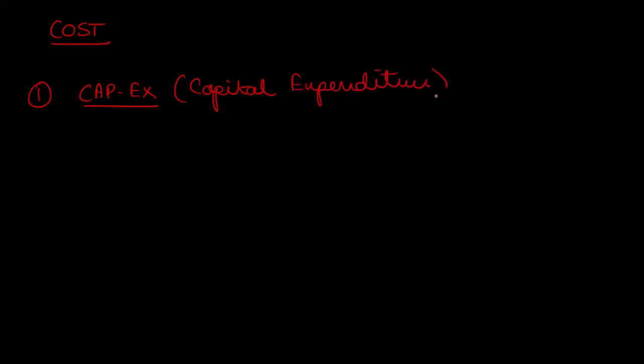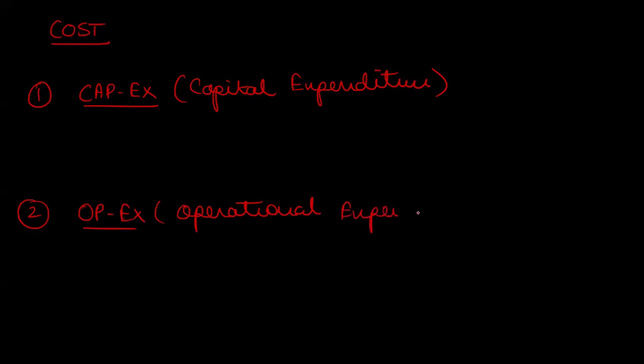Now, when it comes to an important aspect of cost associated with the different clouds, there are generally two types of costs. One is called CapEx, called capital expenditure, and second is your OpEx, called operational expenditure, right?